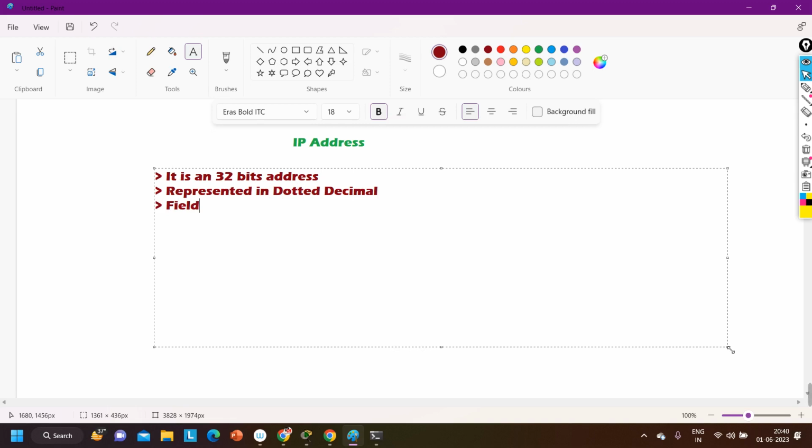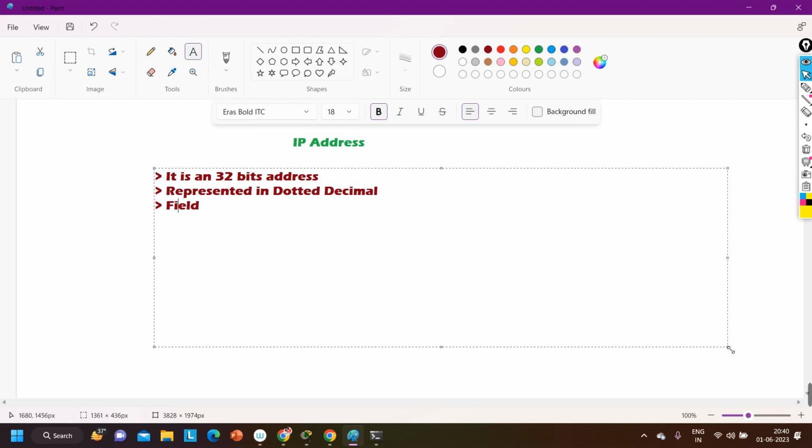Okay, so the representation of IPv4 will be the same on all vendors. Not like the MAC address, where the MAC address representation in the Windows operating system is different and the MAC address representation in Cisco IOS is different. The IP address representation of all vendors will be the same.